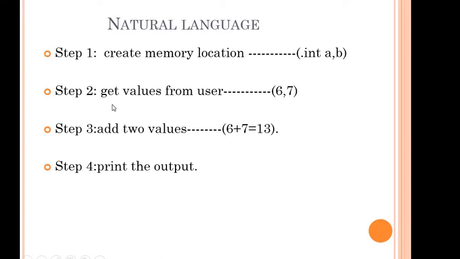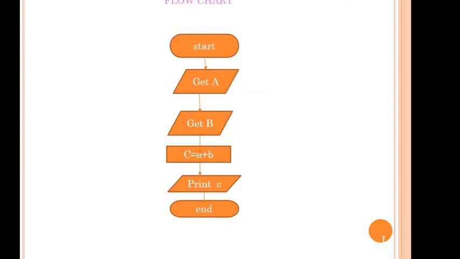But as the steps keep growing like this, getting an idea about the solution of the problem becomes so complex. So they avoided this kind of representation and moved to the next one, that is, flowchart.